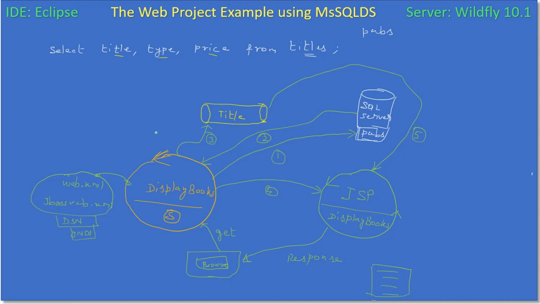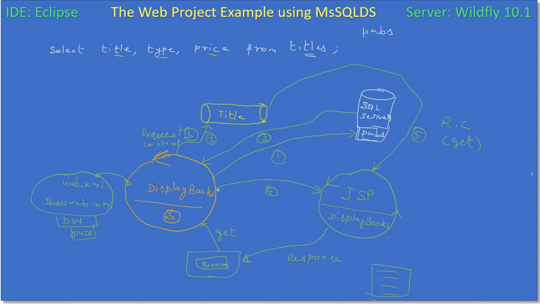Here we will use the request context. Actually we perform a set here, and in the JSP we use the request context to get. The bean will be set with whatever data is read from the SQL Server.